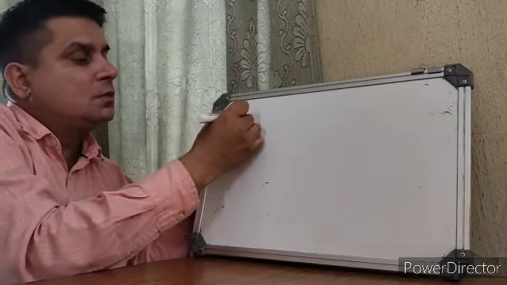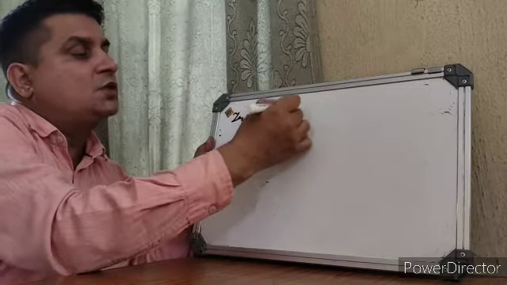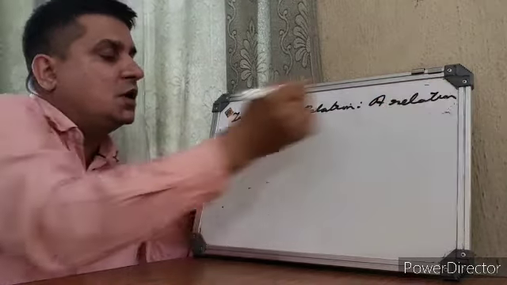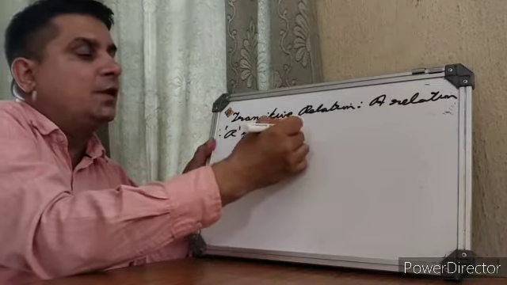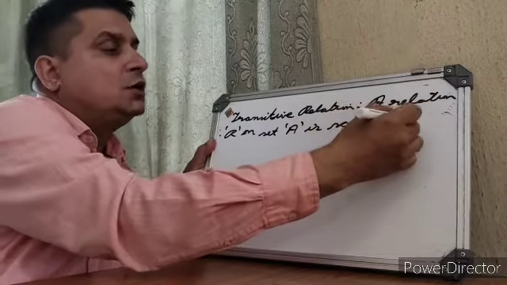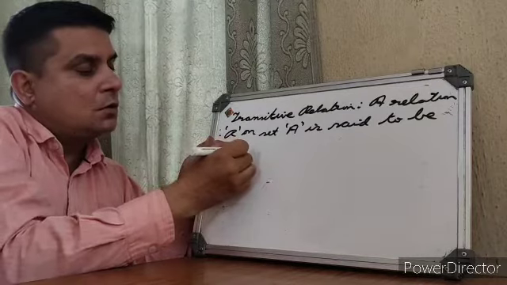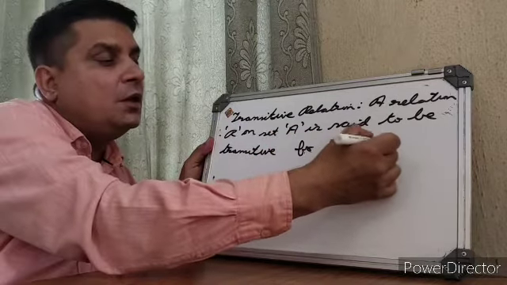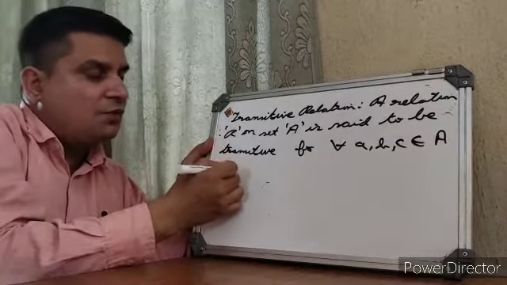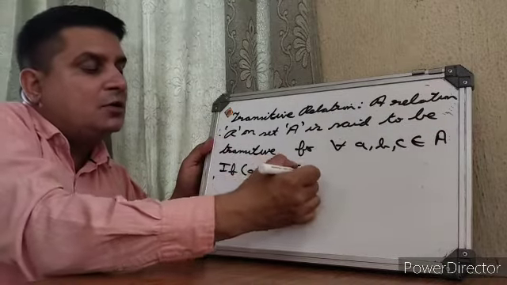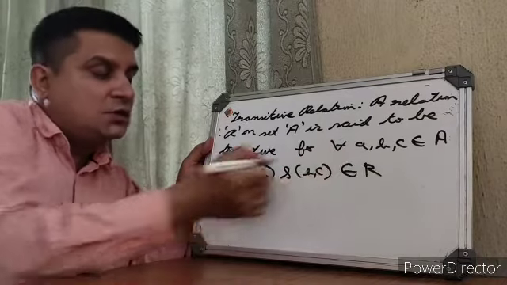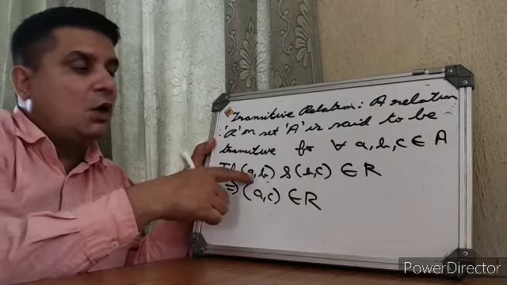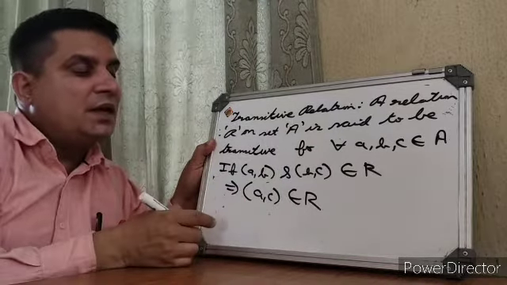The next one is transitive relation. A relation R on set A is said to be transitive if for each and every a, b, c belonging to set A, if (a, b) and (b, c) belong to relation, this implies that (a, c) belongs to relation.